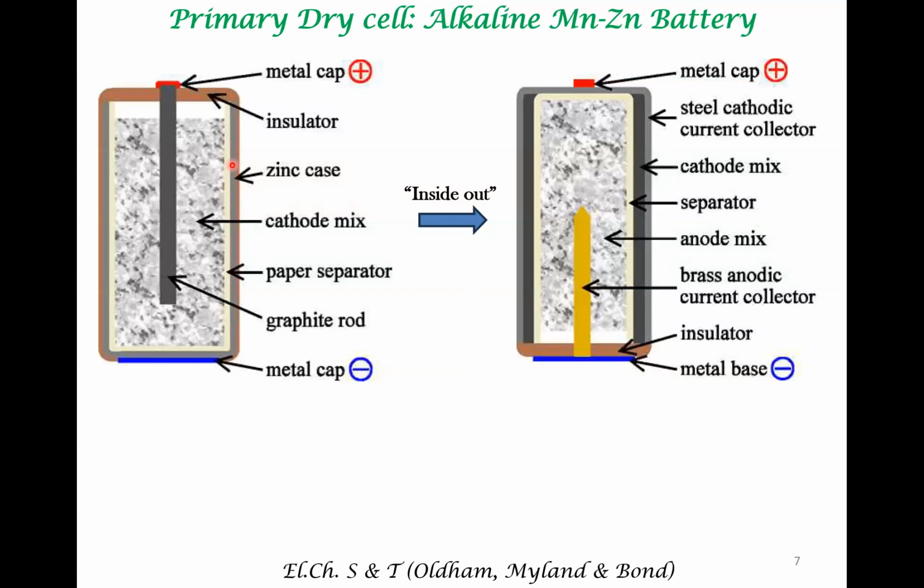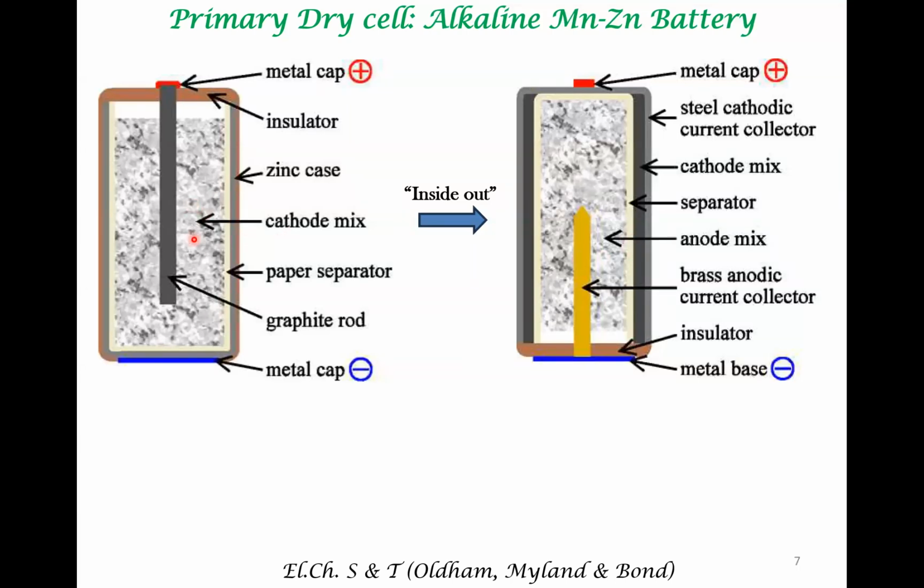However, in this case, zinc or brass is at the inner part of the battery. This cylindrical component is the brass which acts as an anode. Here zinc, which was closer to the outer casing, acted as an anode. Here the anode is inside.